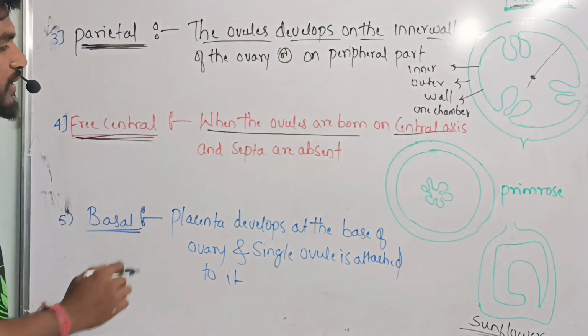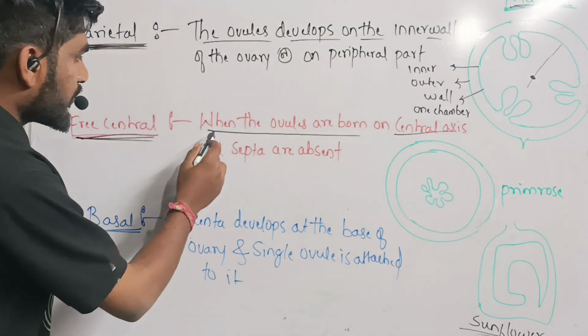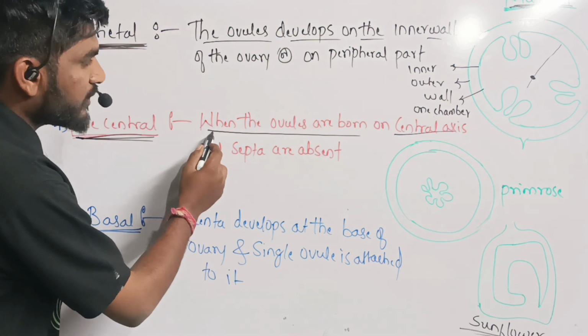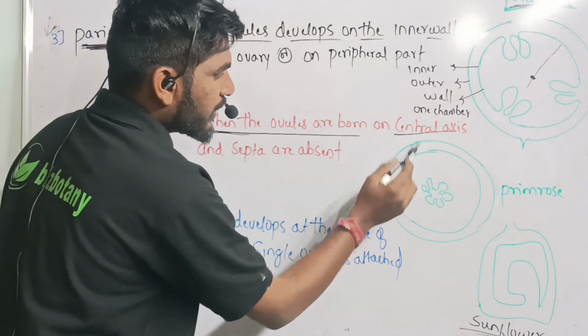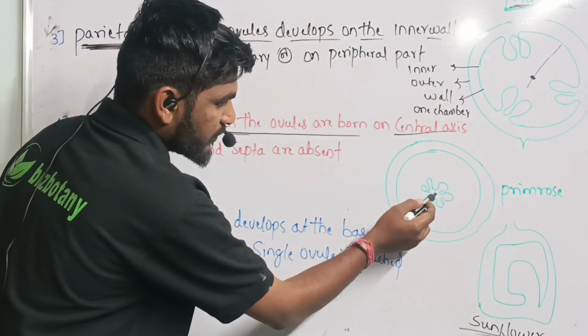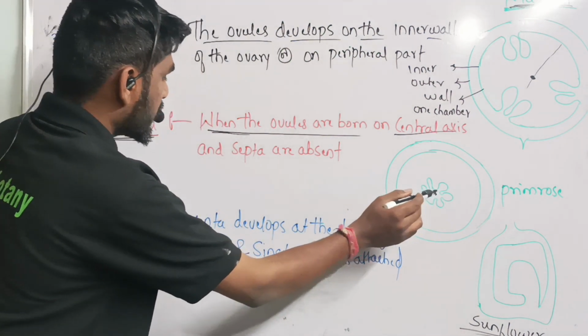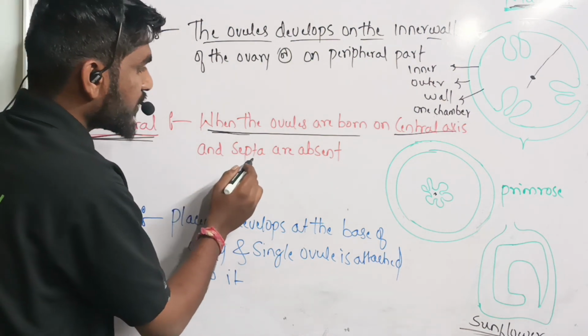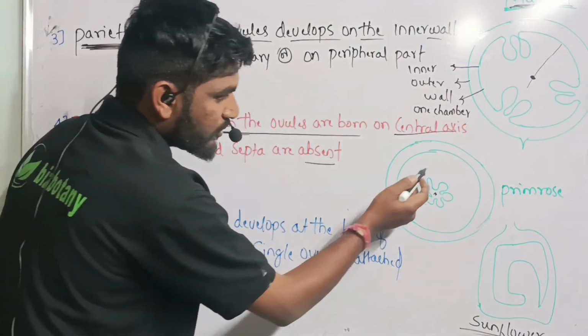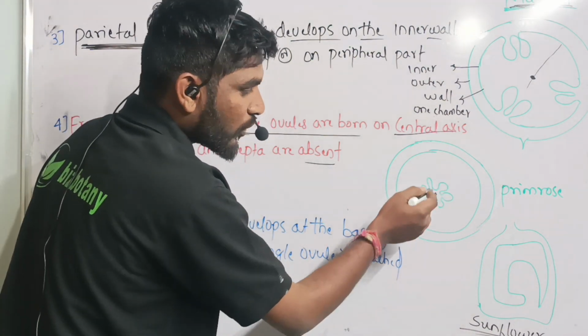Next, this one is free central placentation. What happens in free central placentation? The ovules are born on the central axis. This is the central axis of the ovary. Ovules are born on the central axis and septa are absent. You cannot see any septa in this ovary.